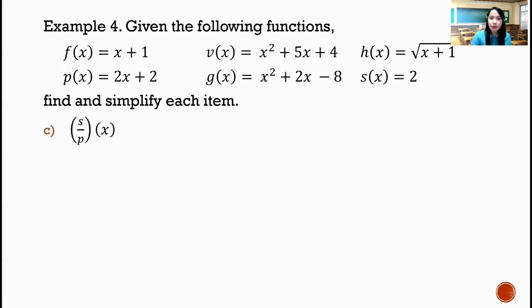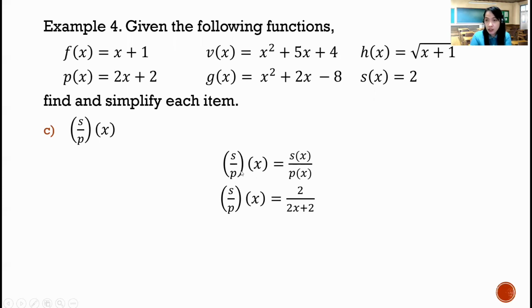Last, for example number 4, we have s over p of x, or s divided by p of x. So again, we have to take note of the definition for division on functions. It says there that s of x divided by p of x, that is equal to this expression or this symbol.